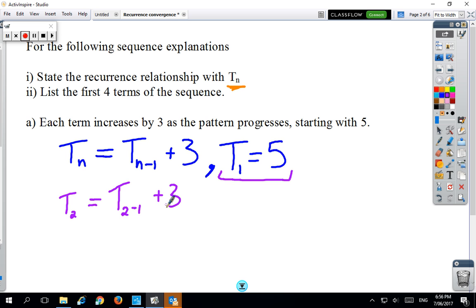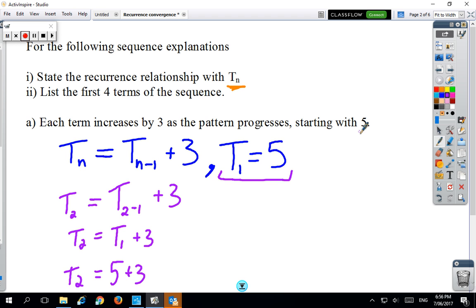Now hopefully T2 minus 1 will turn this into T1. So term 2 is term 1 plus 3. And of course we know what term 1 is. Term 1 is 5. Term 2 then is 8.